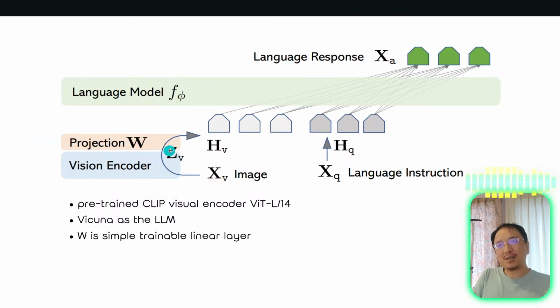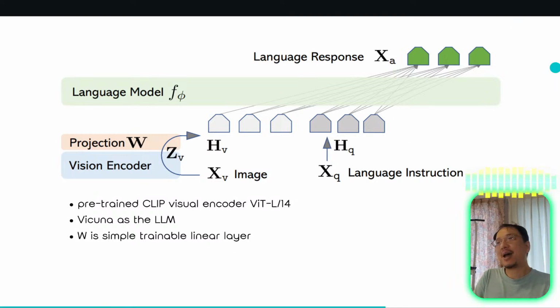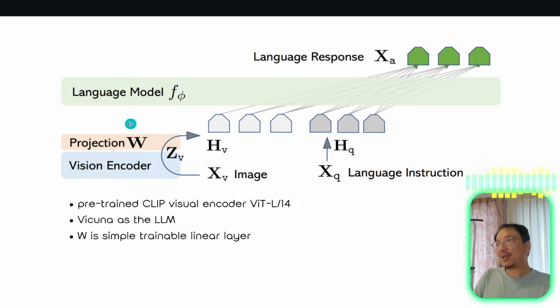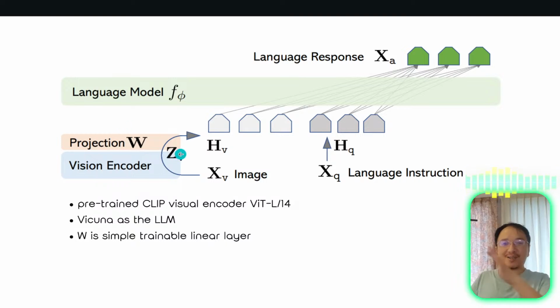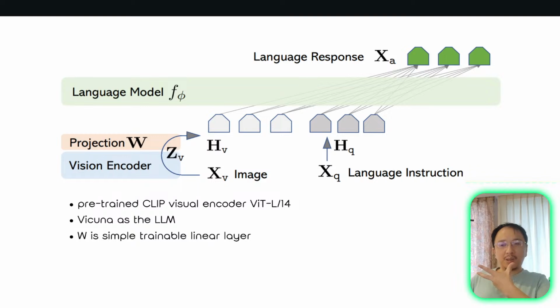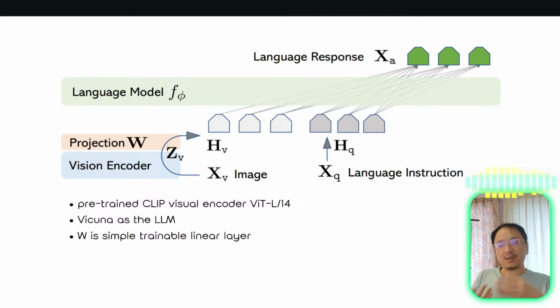And the only thing that is special or new is here. They have a linear layer. But a linear layer is so simple, because you can see that in CLIP and in the BLIP case, they have something more complicated, like using transformers in there. But here it only uses a projection. It's called projection, but it's just a linear layer.